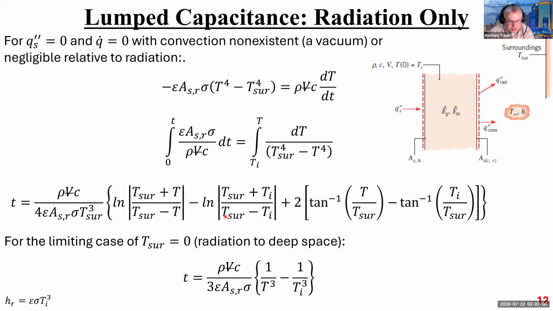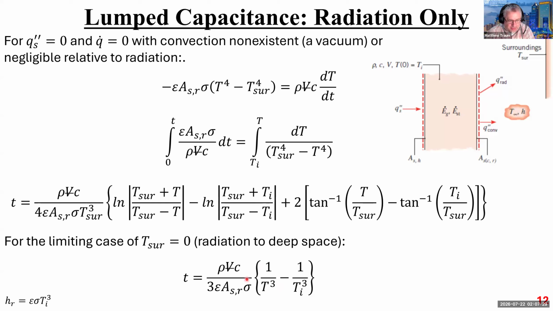Notice that zero shows up a couple times, like in the denominator, which of course is bad. But if you go back up to where this was derived from, you can see here that it's T surface to the fourth minus T to the fourth. And so if this goes to zero, this just becomes dT over T to the fourth, which can actually be integrated. And what pops out is just this, right?